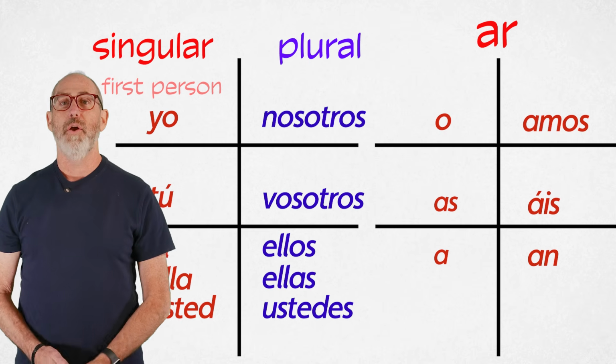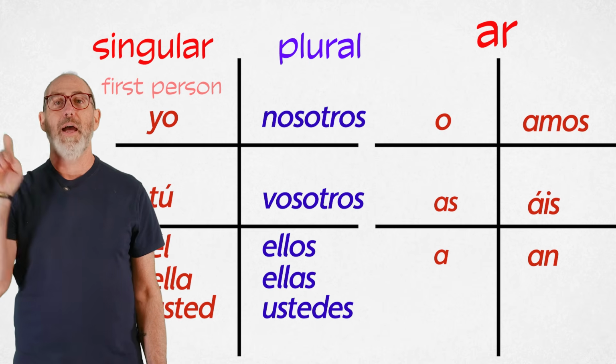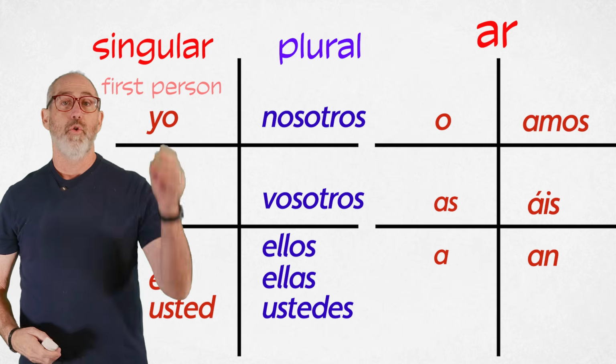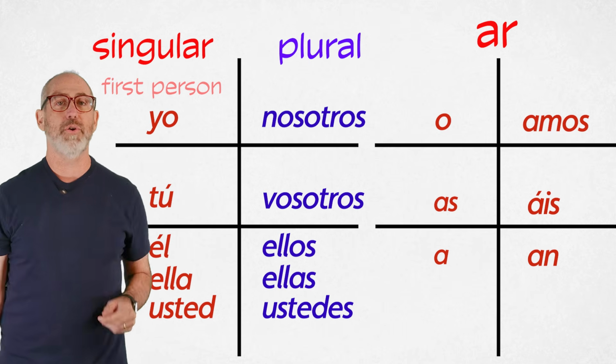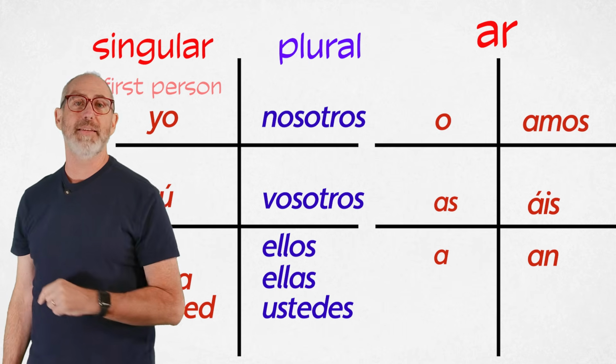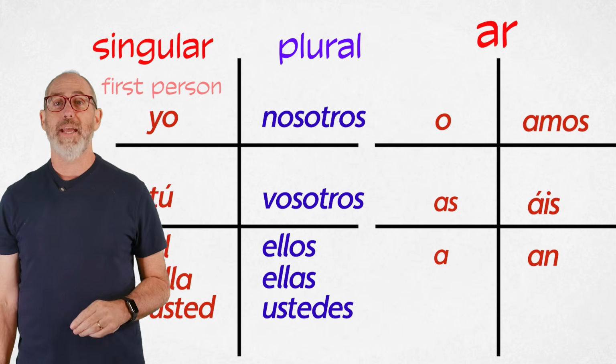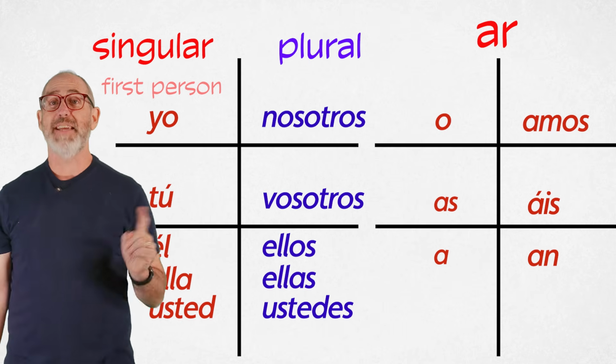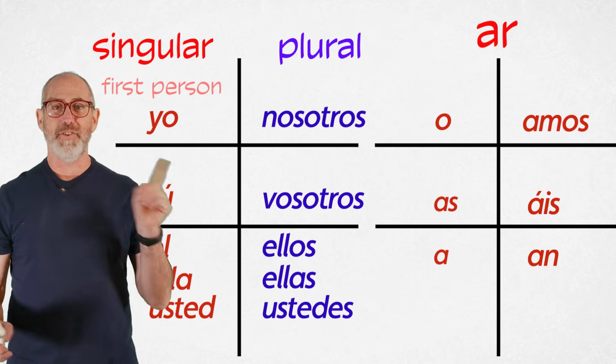If you know yo, tú, él, ella, usted, nosotros, vosotros, ellos, ellas, ustedes, then all you have to do is learn o, as, a, amos, áis, an, and match the boxes. That's it. You can now conjugate any AR regular verb in the whole Spanish language in present tense. All you have to do is know the verb itself.